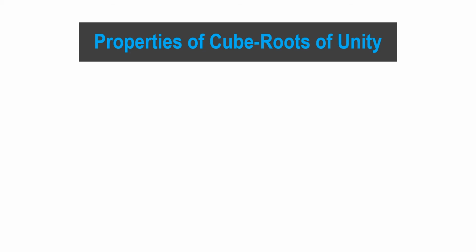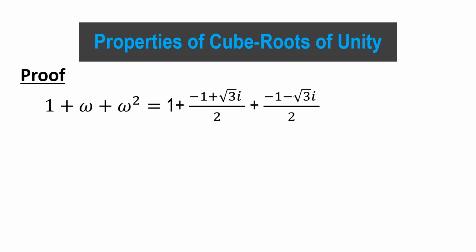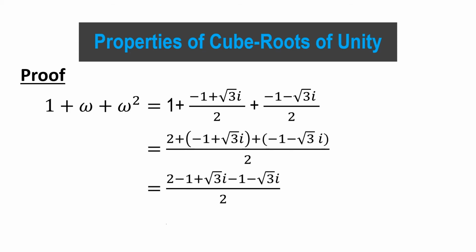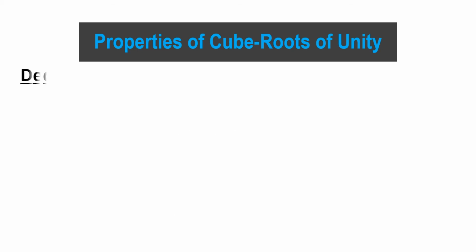Property number 3. Sum of all the three cube roots of unity is 0. That is 1 plus omega plus omega squared is equal to 0. Proof. 1 plus omega plus omega squared is equal to 1 plus minus 1 plus square root of 3 iota whole divided by 2 plus minus 1 minus square root of 3 iota whole divided by 2.